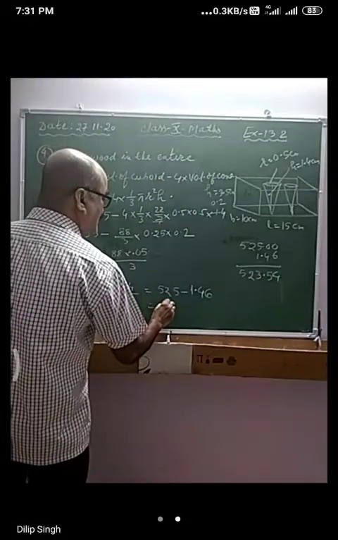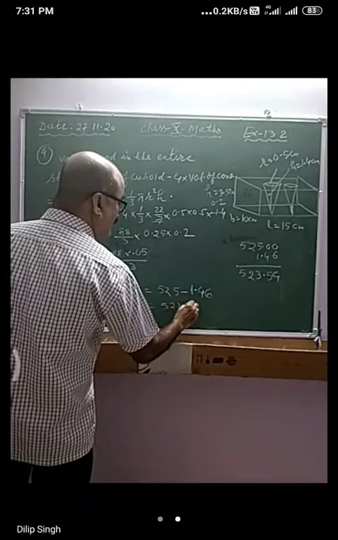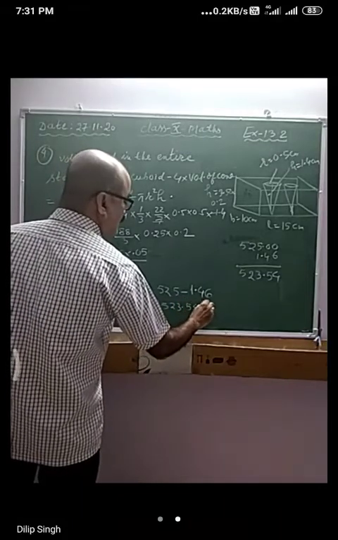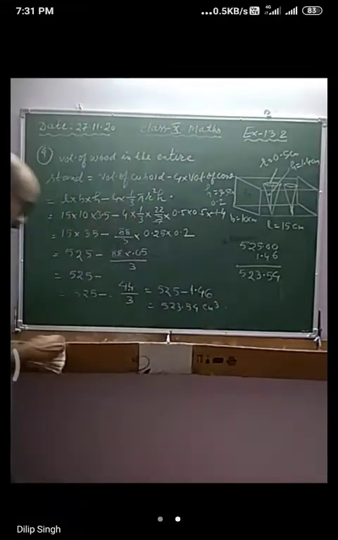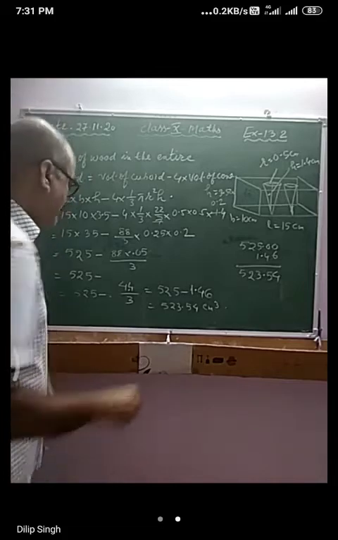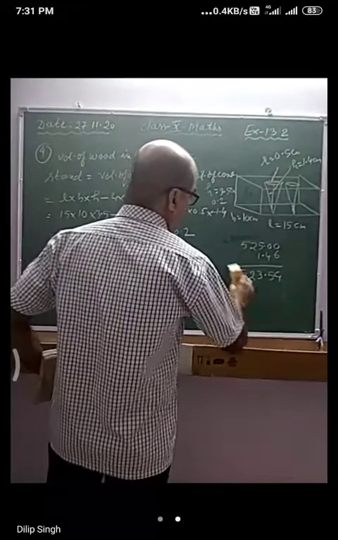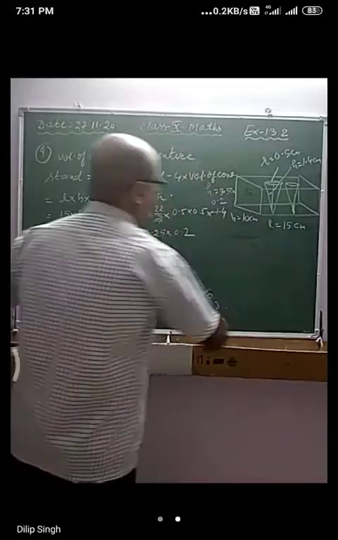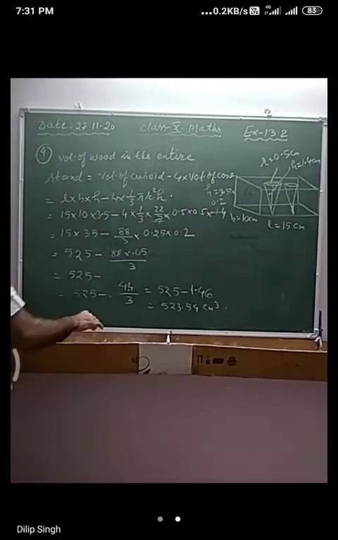So that will be equal to 523.54 centimeter cube. So this is the correct answer. Yes, 523.54 centimeter cube is the volume of wood in the entire stand. Is that clear? And please note down.